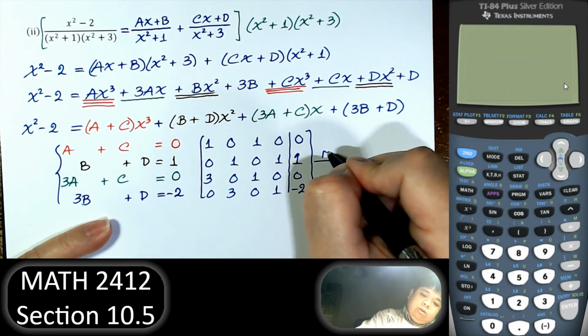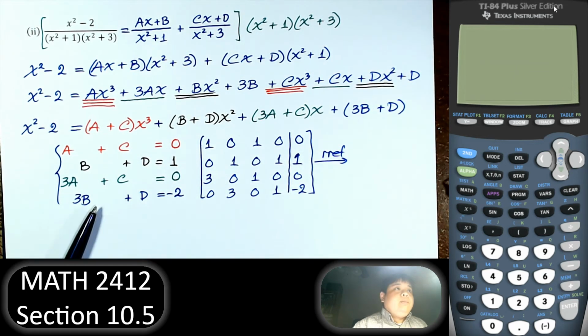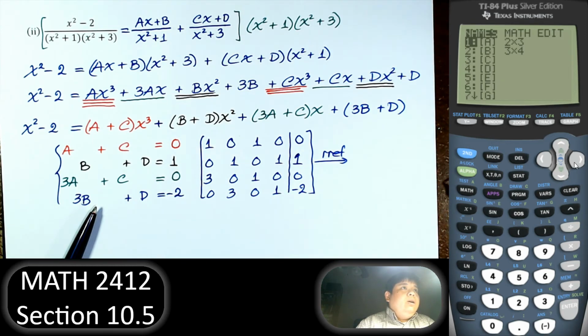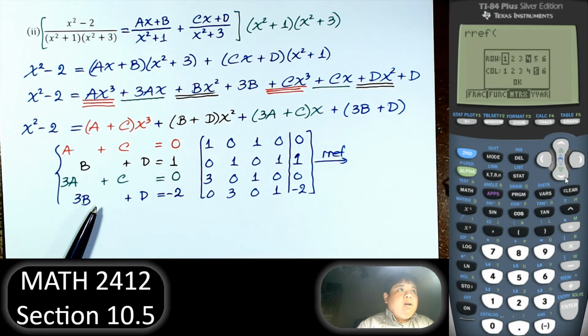Right, just do the reduced row echelon form. The reduced row echelon form of the matrix has 4 rows, 4 columns.